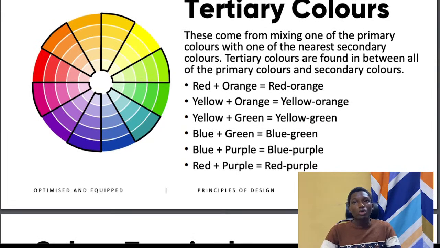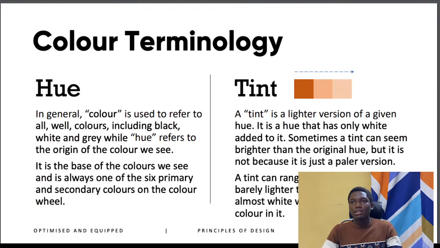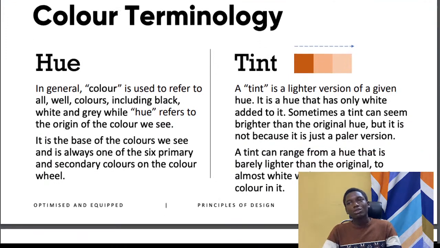We have the tertiary colors, which are combinations of a primary color and a secondary color. And this is where we get to understand how the color wheels are created and systematically formed. Notice that these colors are formed in a way that they are not intersecting each other.